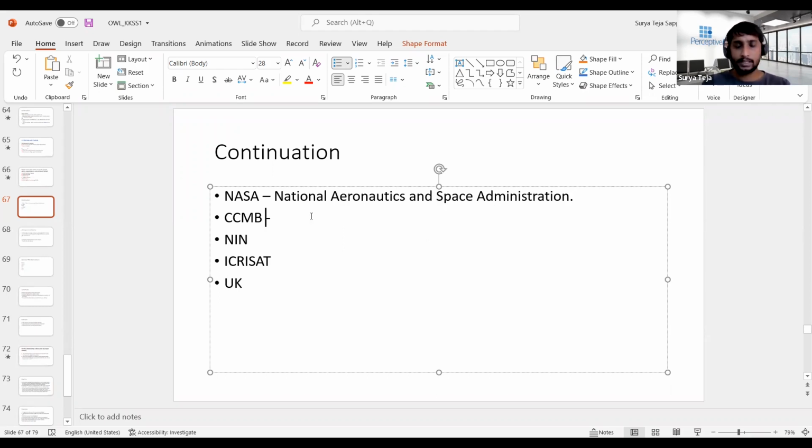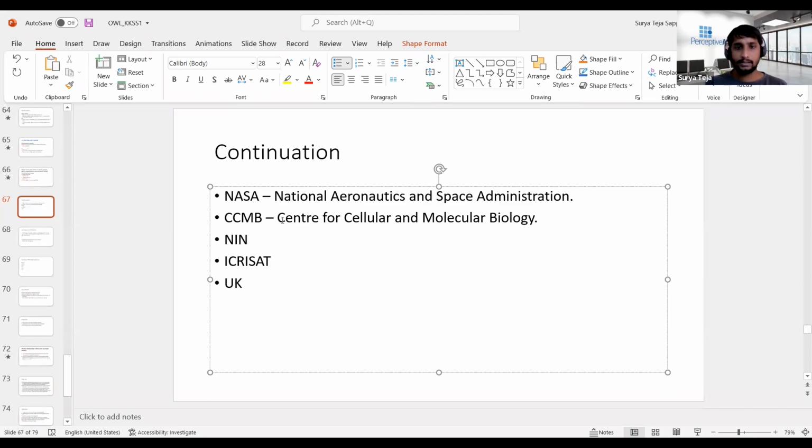And if we go with the second example, which is CCMB, which is Center for Cellular and Molecular Biology. So as we discussed here also, Center for Cellular and Molecular Biology is an organization which is specifically focused on biological studies or something specifically related to it.